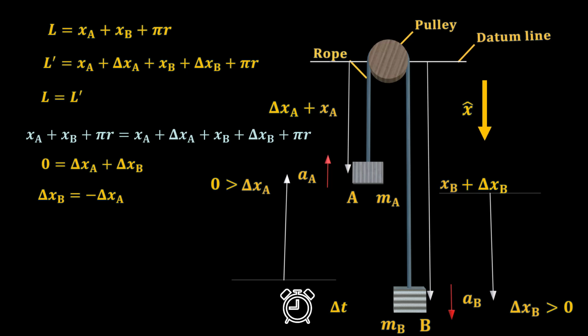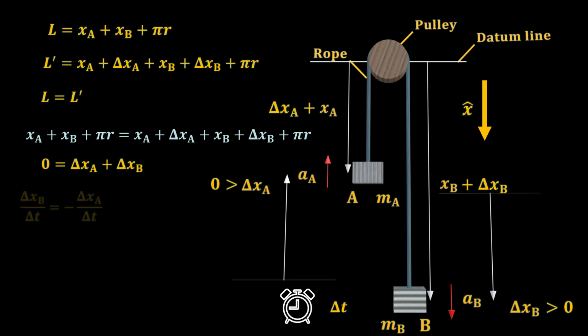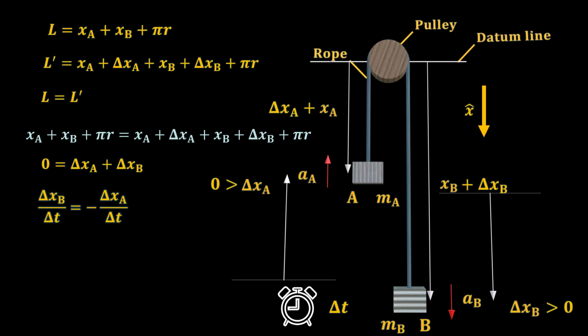Now let us check whether this equation is consistent. Object A moves upwards, and therefore delta XA is negative, less than 0. With delta XA less than 0, we have delta XB greater than 0, which means object B moves downwards. Now, if we divide by delta t on both sides, we have delta XB over delta t equals minus delta XA over delta t.